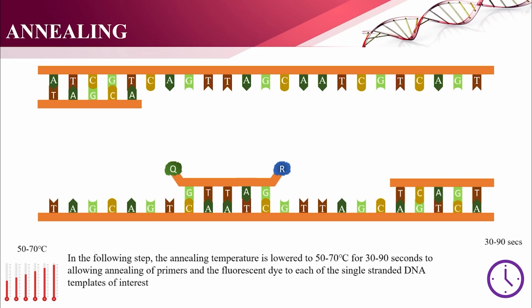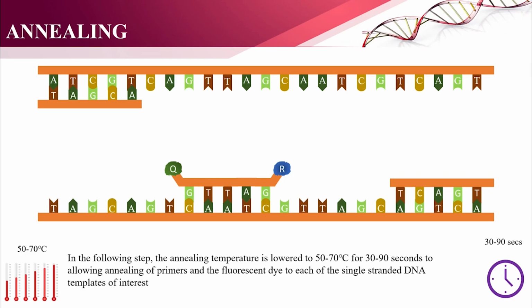Another thing I will mention is that a probe also anneals to some part of the DNA. Here there are two parts of the probe. One is the quencher and one is the fluorophore. So I will talk about what is a quencher and what is a fluorophore.